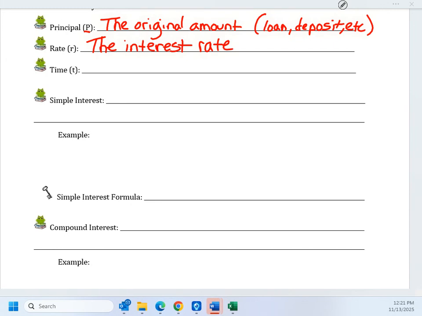So you might hear an older sibling say, yeah, I took out my student loan and I got it for a 4.2% interest rate. Or, gosh, Mr. Gambino's car loan that we just took out was like a 3.5% interest rate, right? So different amounts for that interest rate.